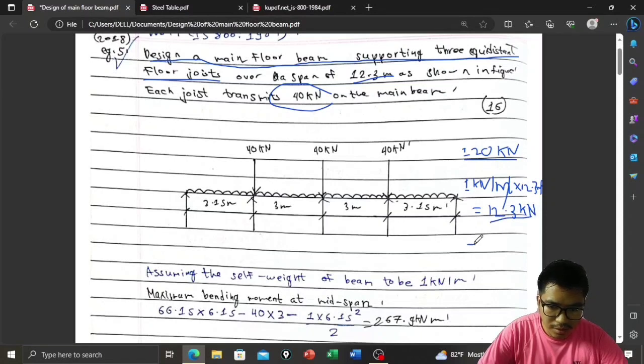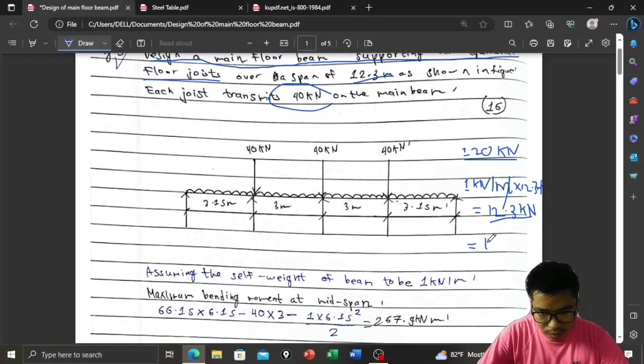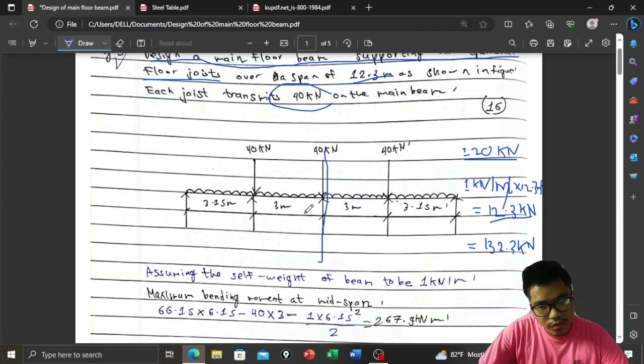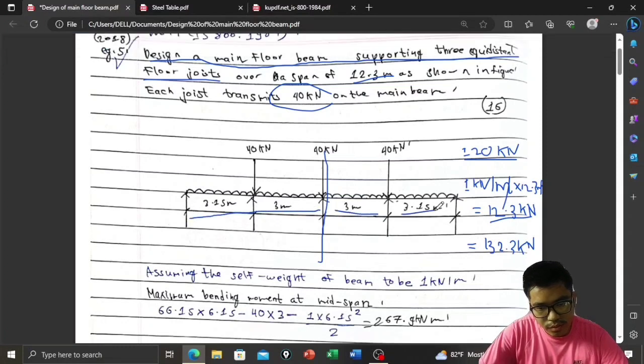This plus this, 12.3 plus 120, is 132.3 kilonewton. So this is symmetrical. This is the axis of symmetry. From here it is 3 and 3.15, 3 and 3.15, and it is 40 on both sides. So this is symmetric about this axis.